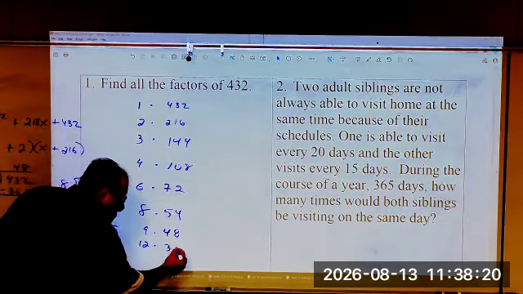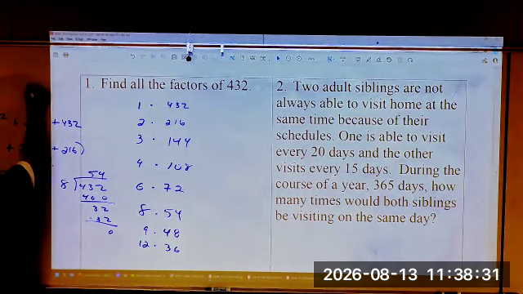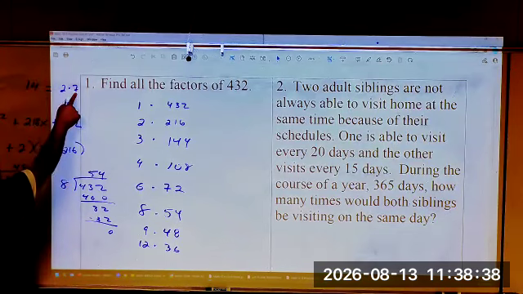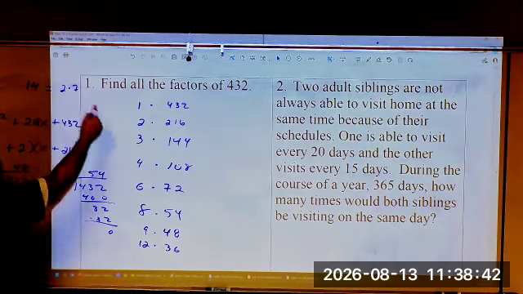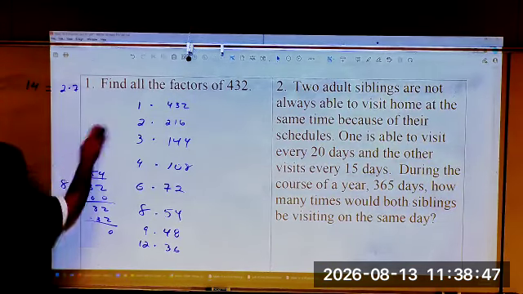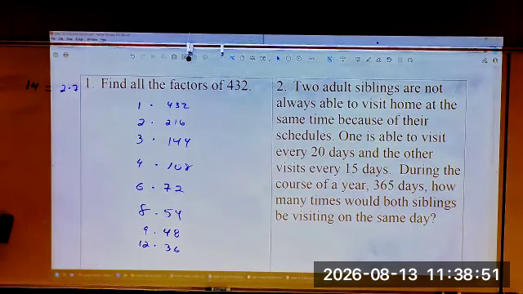Yep. 13, no. 14, 7 didn't work. For 14 to work, which is 2 times 7, we would need the 7 to work. Since 7 doesn't work, 14 is not going to work. 15. Since 5 didn't work, 15 is not going to work.